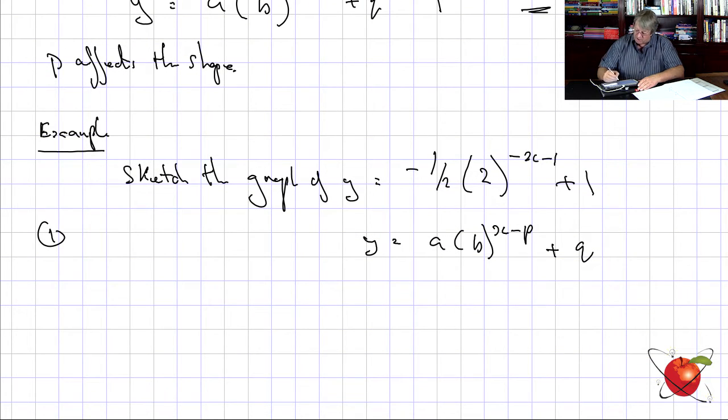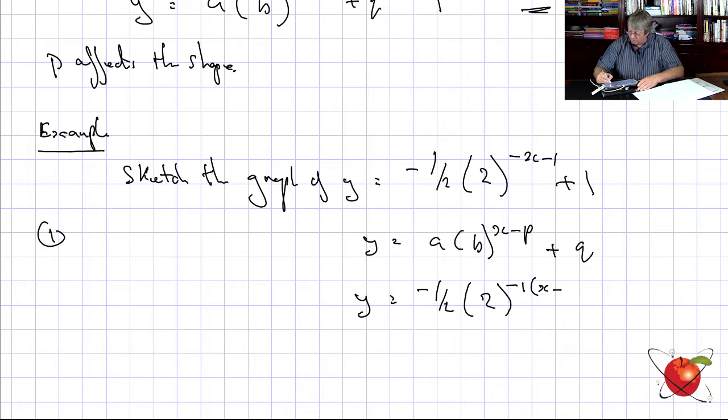My manipulation is going to be y is equal to minus a half, and I want an x, so I'm going to say it's 2 to the minus 1 times x plus 1. Can you see that?